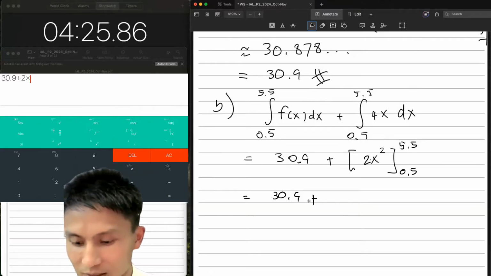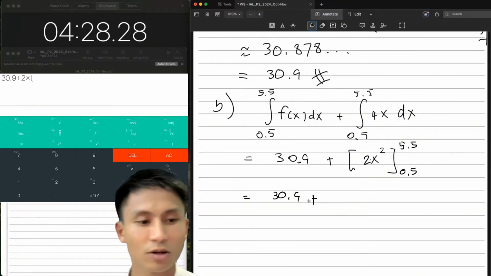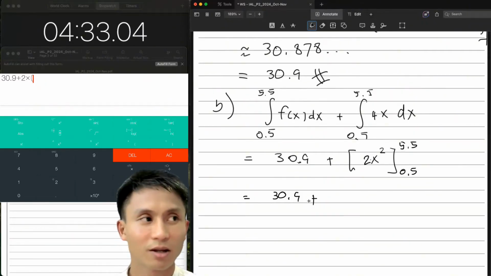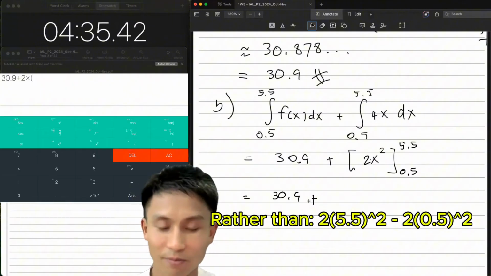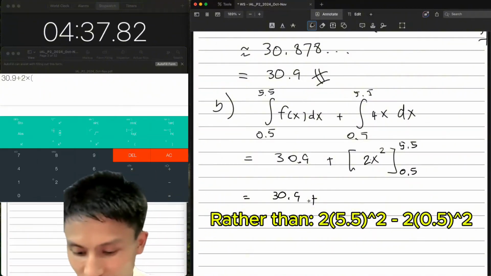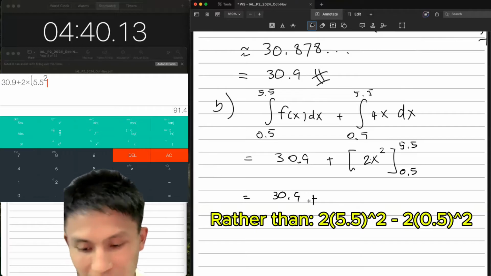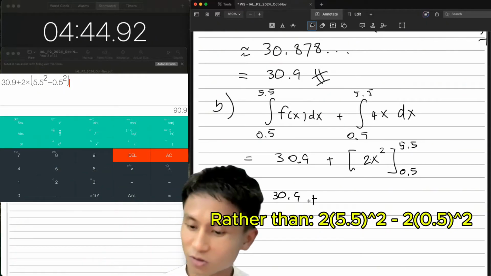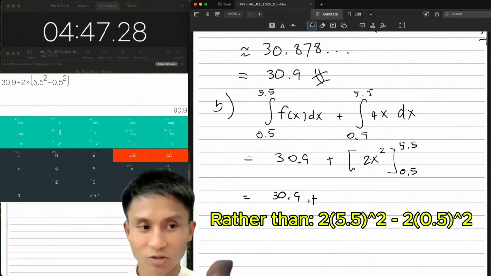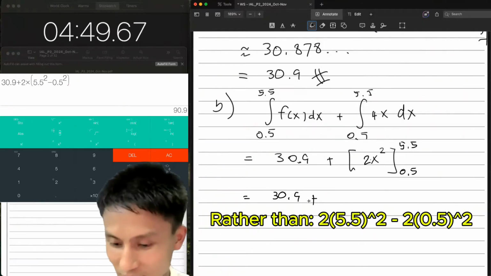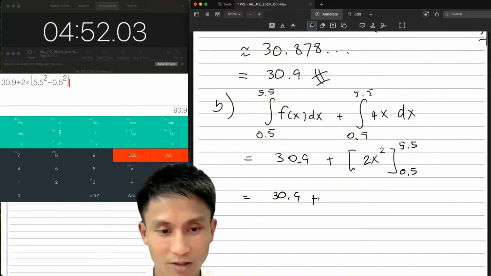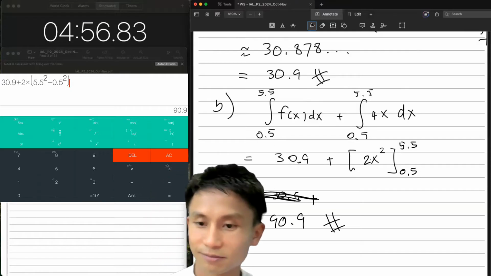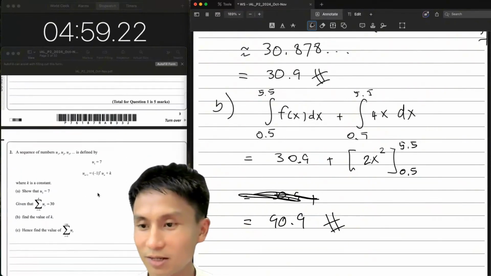I'll show you my technique, even if I'm using a calculator. For the substitution of the upper and lower bound, you don't need to substitute over again every time. So here, if you bring the 2 out, I can just do 5.5 squared minus 0.5 squared. That is also going to work because you're just taking the 2 out and then you just sub in the x squared basically. So I'm just going to write 90.9 as my final answer. So that was nice and easy.